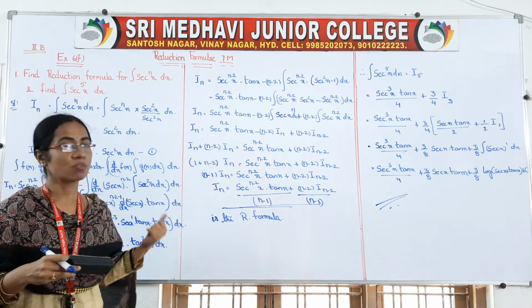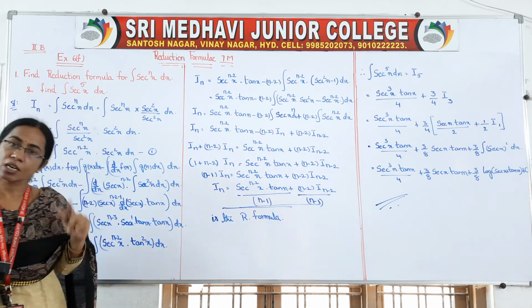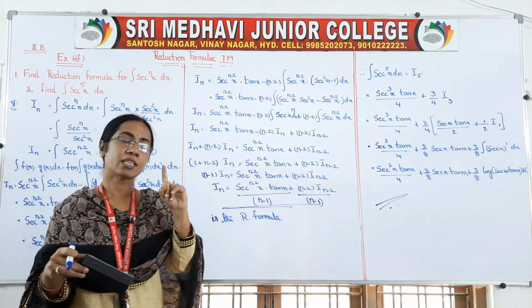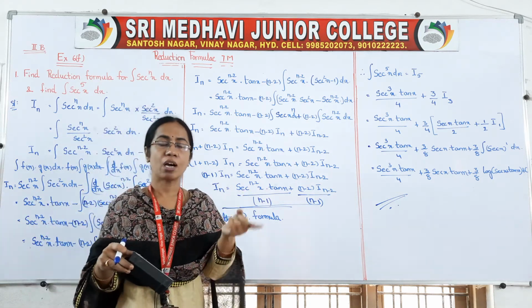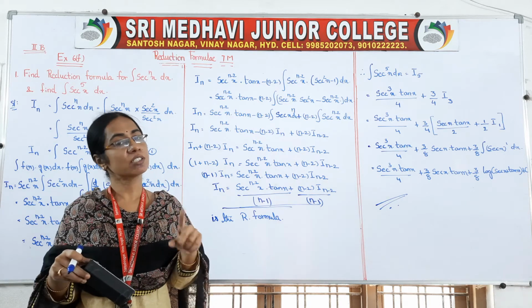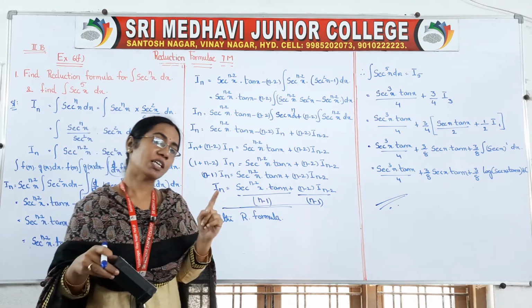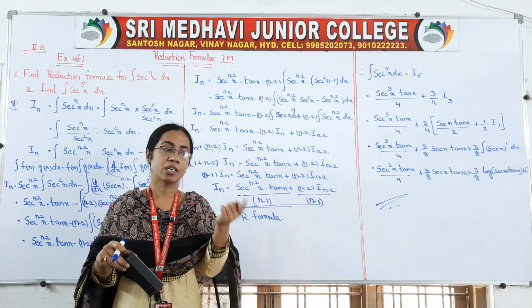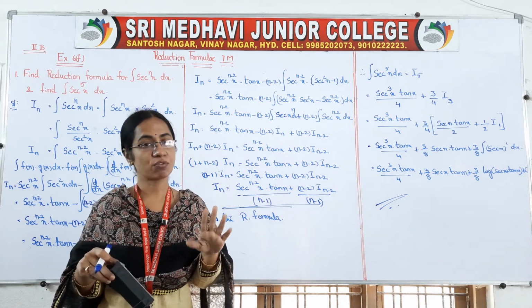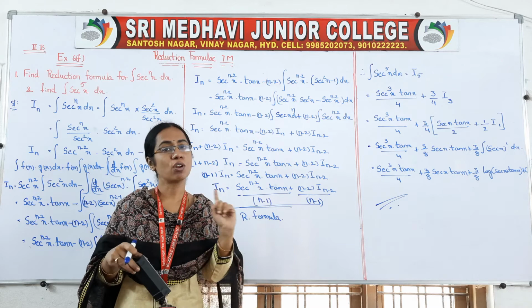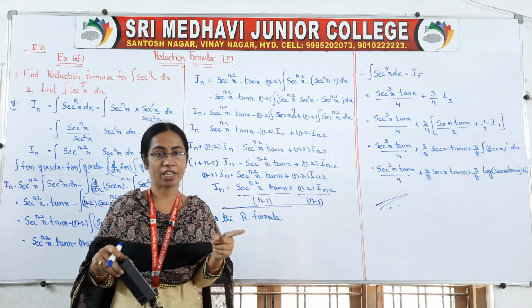So with this we will complete our reduction problems. I did the reduction formula of integral sine to the power of nx. You have to solve integral cos to the power of nx. After that I solved integral tan to the power of nx, reduction formula. Following the same method, you solve integral cot to the power of nx.